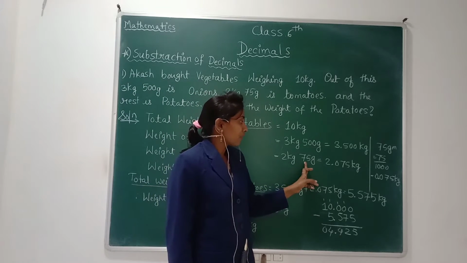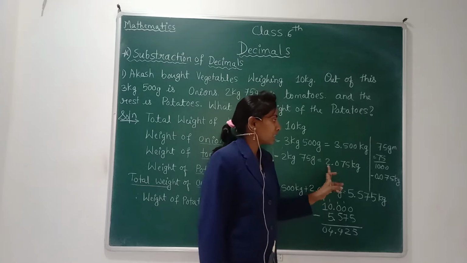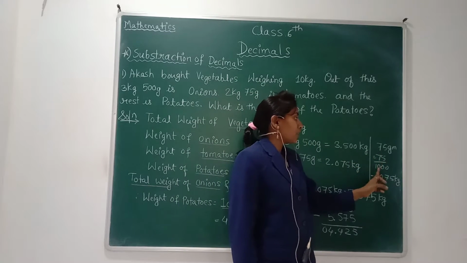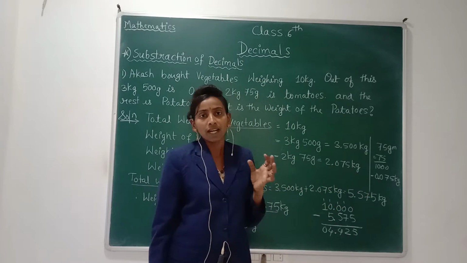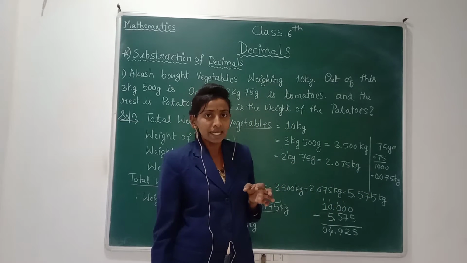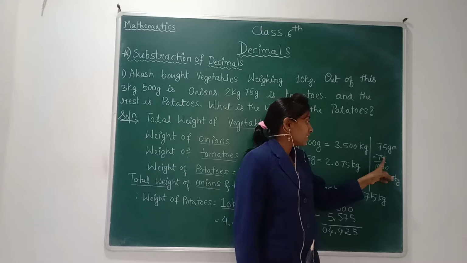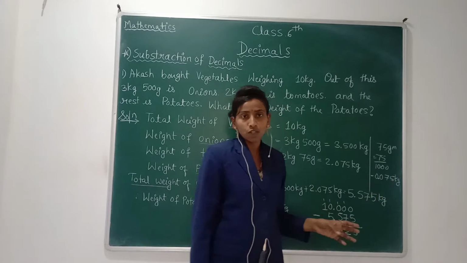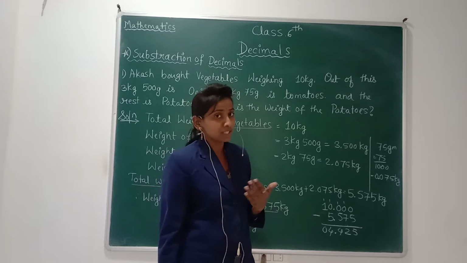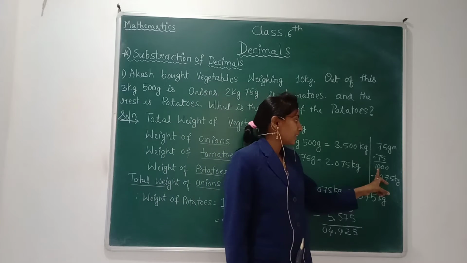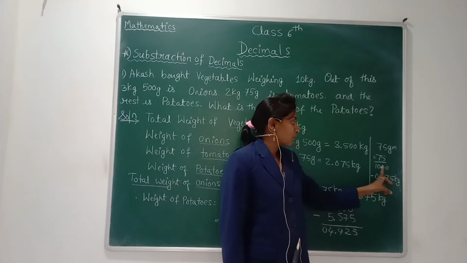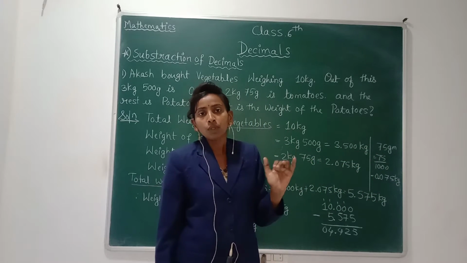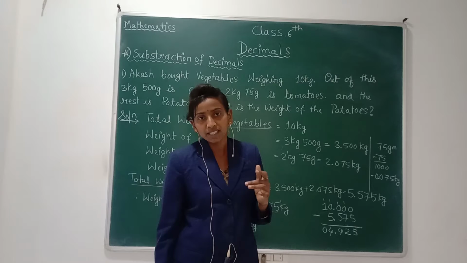Similarly, the weight of tomatoes is 2 kg 75 gram. So 75 gram I am going to convert into kg. If you divide 75 by 1000, that will give the value in kg. Write 75, the numerator, as it is. Before that you can put 0s as needed. In the denominator we have 3 zeros, see 1 2 3. So from right to left you have to leave 3 digits and put the decimal point.